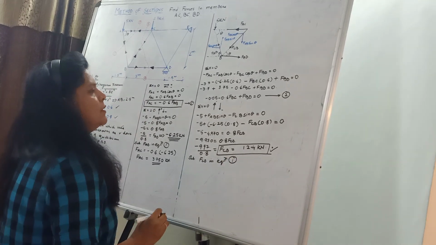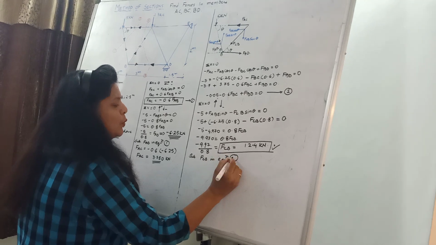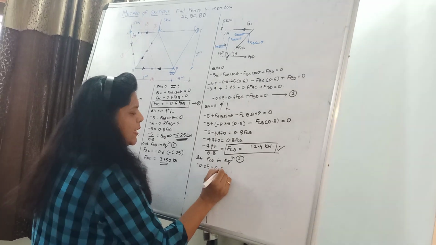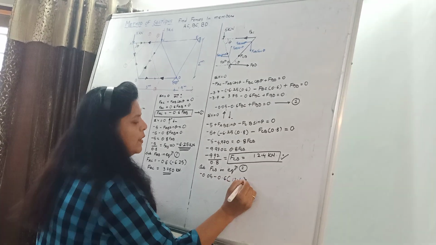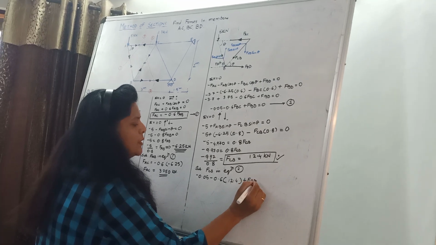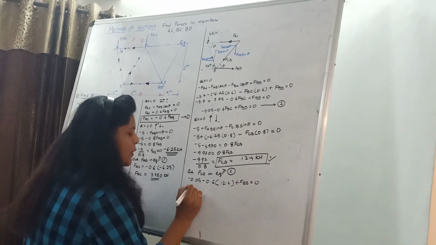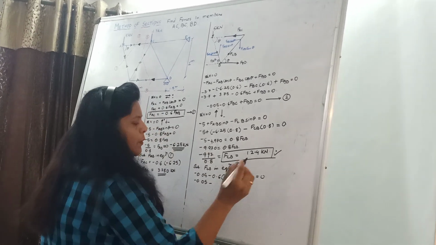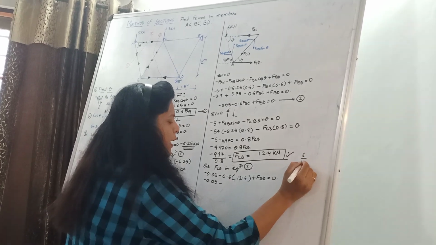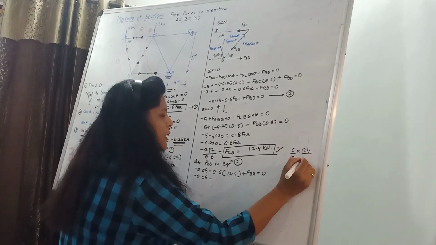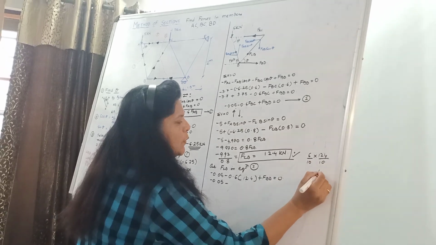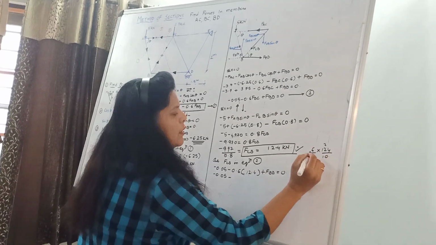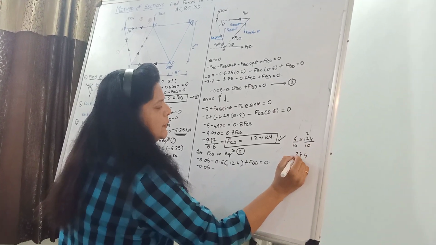So what we get? Equation 2. So minus 0.05 minus 0.6 into 12.4 plus FBD is equal to 0. Minus 0.05 minus 0.6 into 12.4. So 6 upon 10 into 124 divided by 10. Okay. So 6 fours are 24. 6 ones are 6. 7.